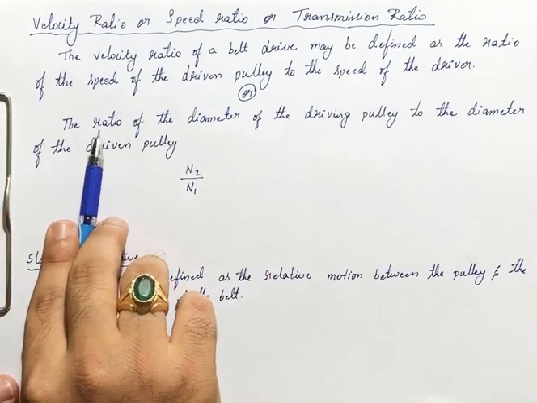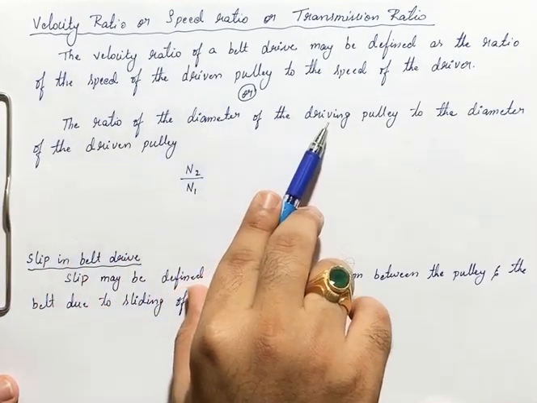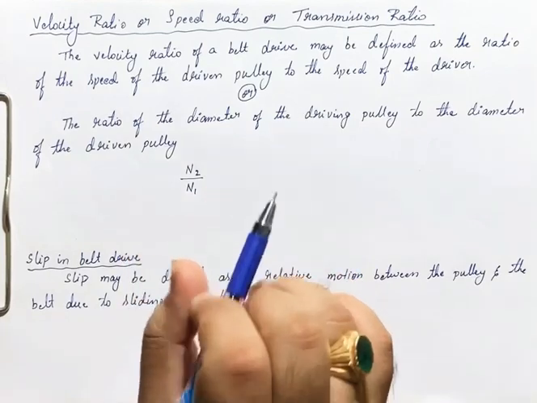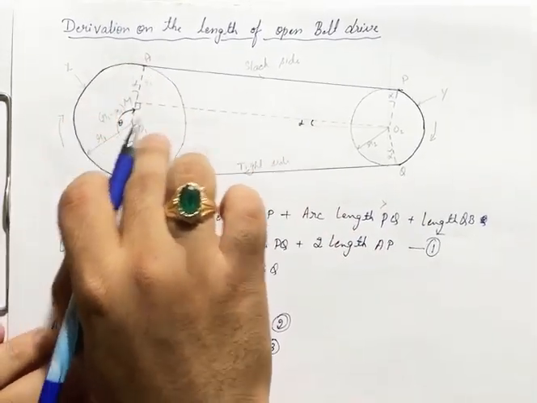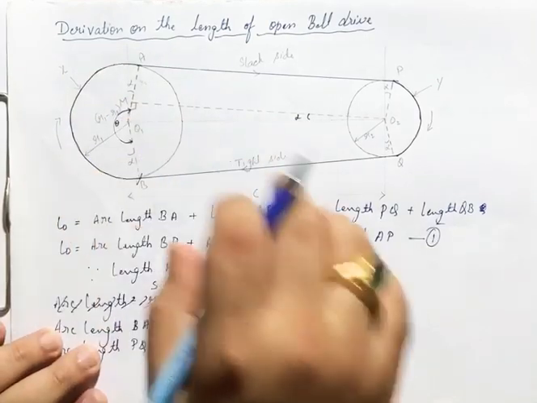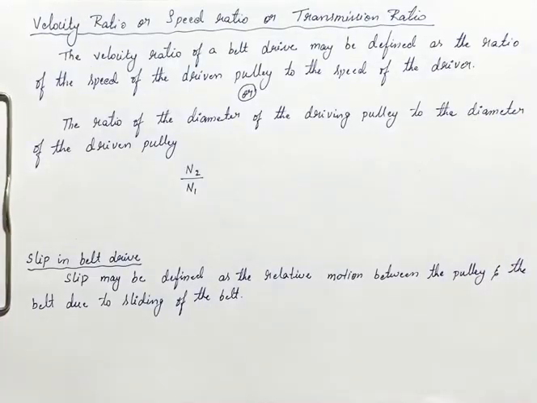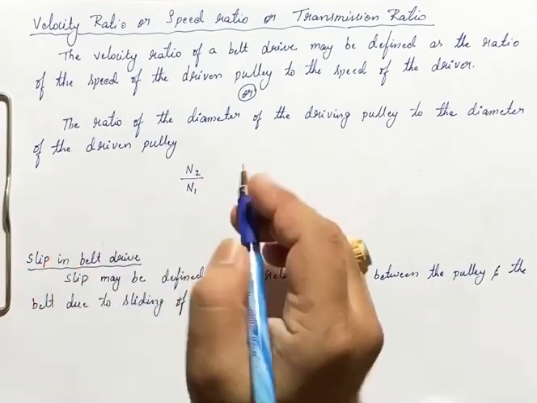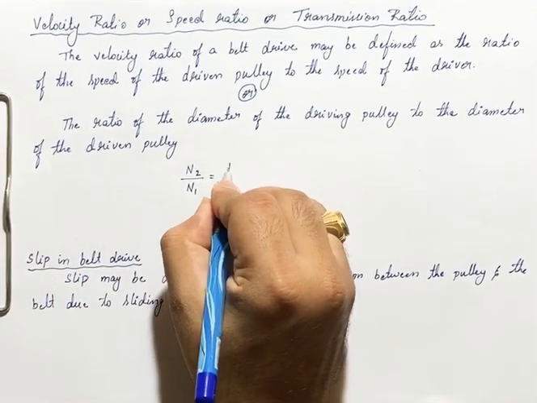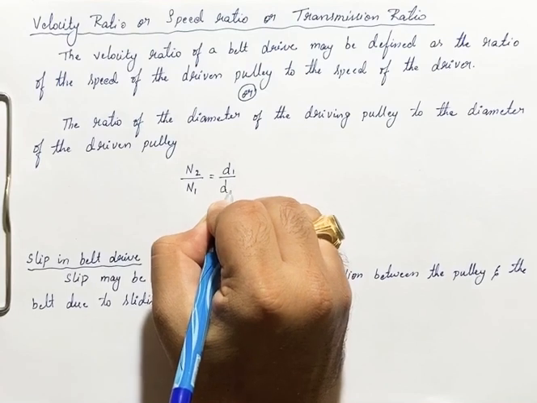And one more definition: the ratio of the diameter of the driving pulley, which is this one, the driver pulley, to the diameter of the driven pulley, that is D1 by D2 here.